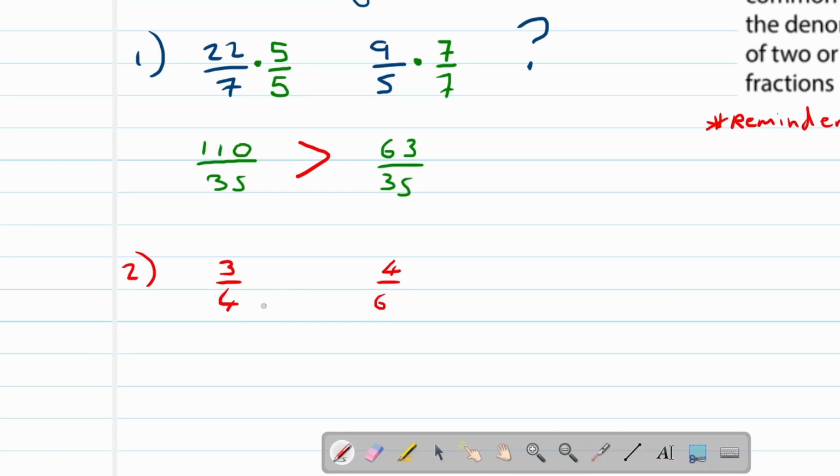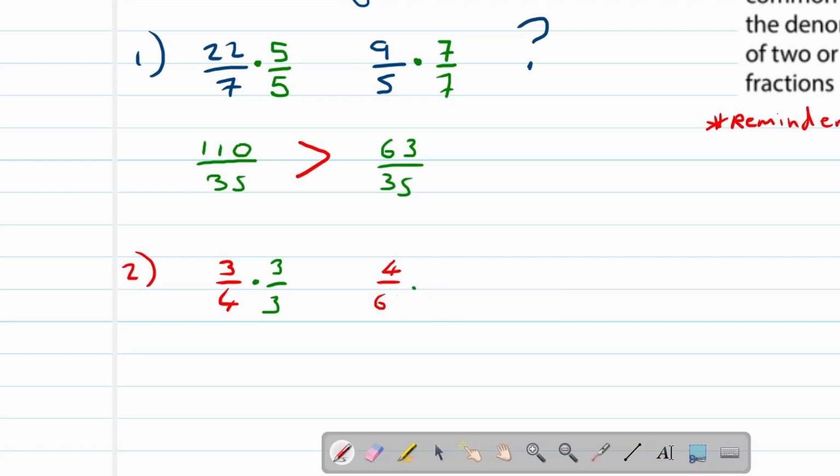Now in this case, we can actually multiply the left fraction with 3 over 3. Why? Because it will take the denominator to 12, and we know that's the lowest common denominator.